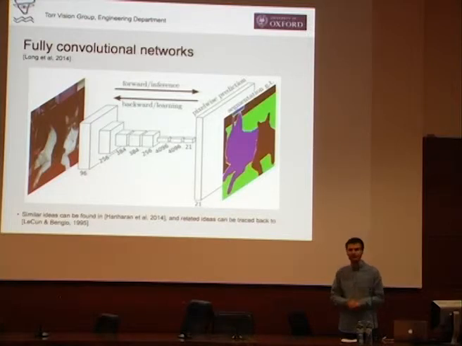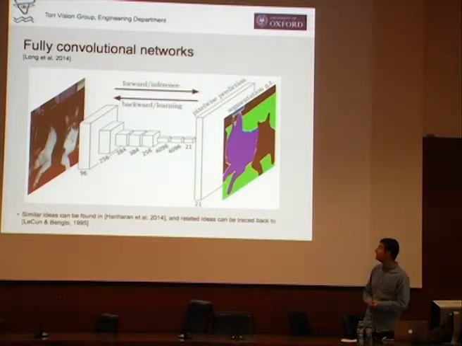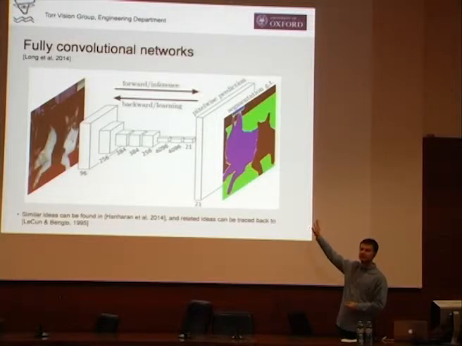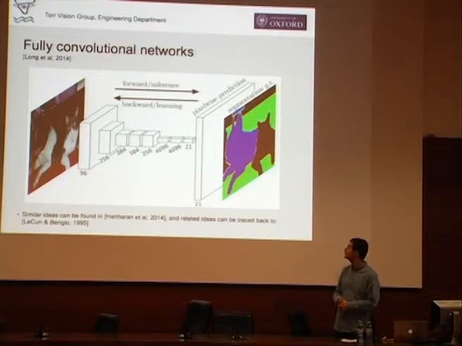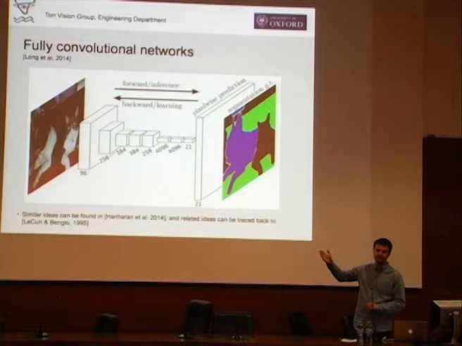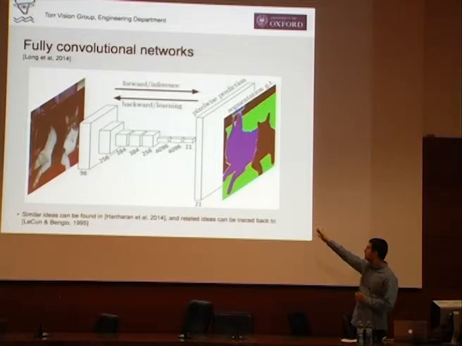How do we solve it or face it? We started by using a model developed by Long and other people almost 2 years ago. The point of this model is to have a fully convolutional network.